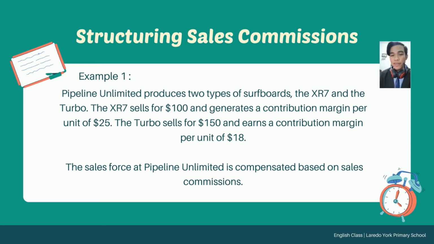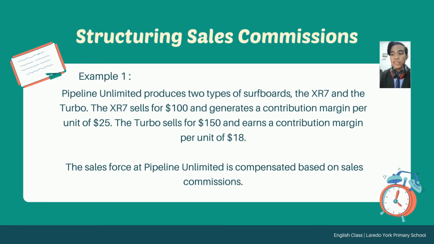In the example given, Pipeline Unlimited produces 2 surfboards. The XR7 model sells for $100 and has a contribution margin per unit of $25. The second surfboard, the Turbo model, sells for $150 and has a contribution margin of $18 per unit sold.